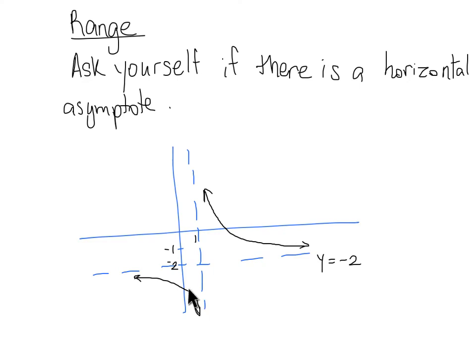Same from the bottom, approaching it but will not touch it. y can be anything in this graph, the black graph. y can be anything except for -2, which is why the range is y is not equal to -2. That's our range.